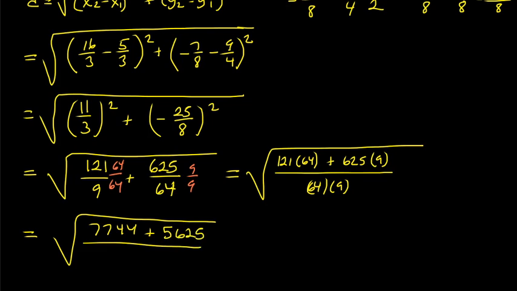All divided by 64 times 9, 576. Okay, so the numerator then is 7744 plus 5625. Use your calculator. It's 13,369.